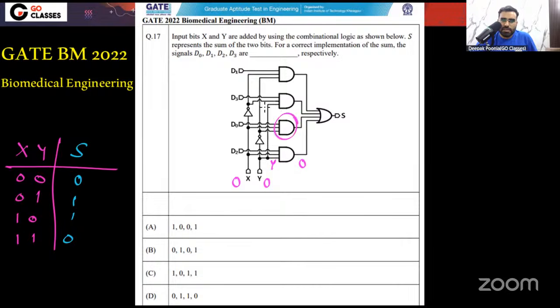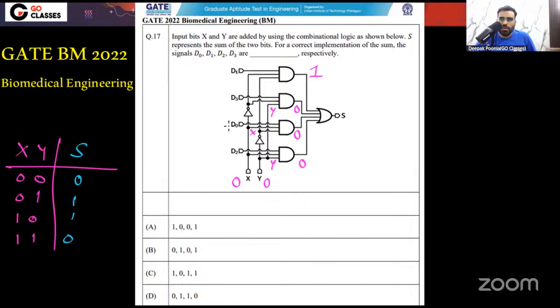Next, this AND gate has one of the inputs x, so here also output will be 0. For this AND gate, one of the inputs is y, here also output will be 0. For this AND gate, both the inputs are x bar, y bar, and this d1.